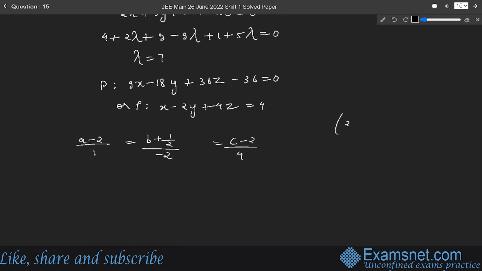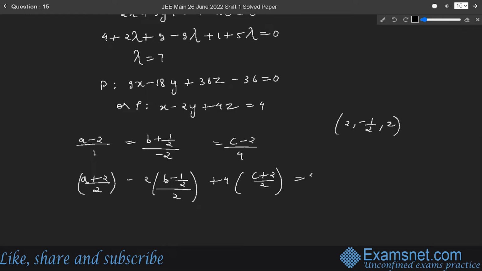We know the points are 2, -1/2 and 2. Also, (a + 2)/2 - 2(b - 1/2)/2 + 4(c + 2)/2 = 4.